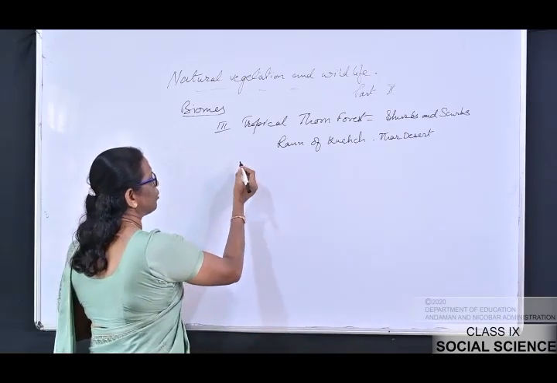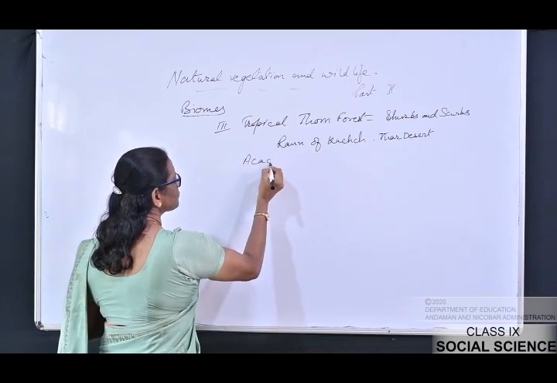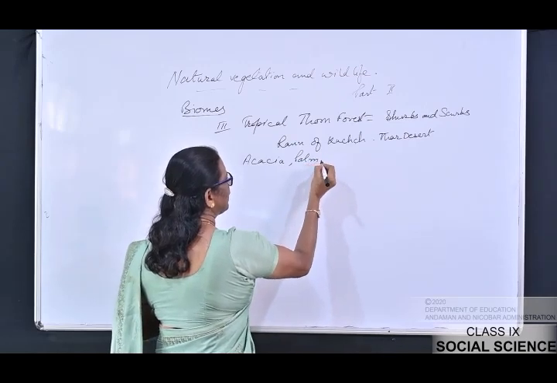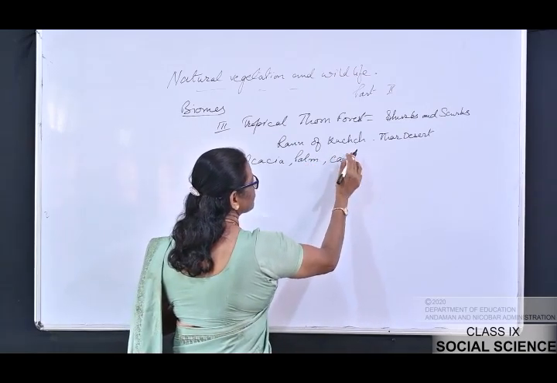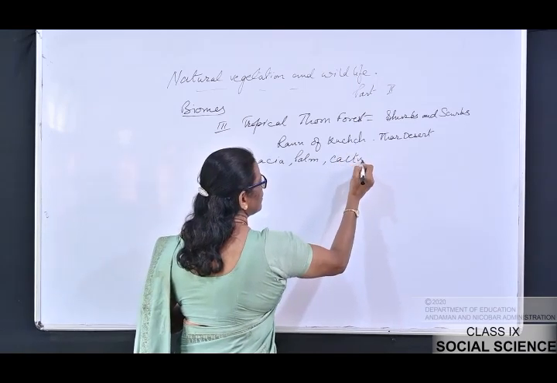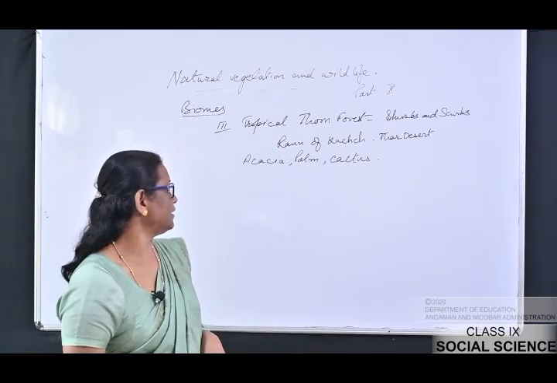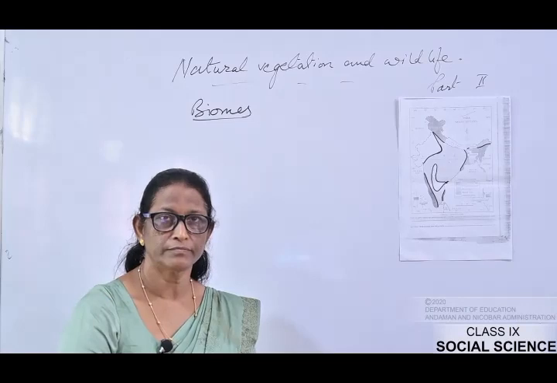Thorn vegetation, what are the trees found in India? Like acacia, palm tree, date palm, then cacti, cactus, like this trees are found in this area. So in India, I told you where it is found.